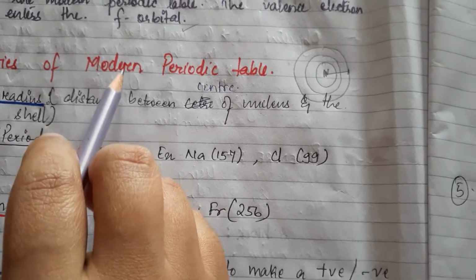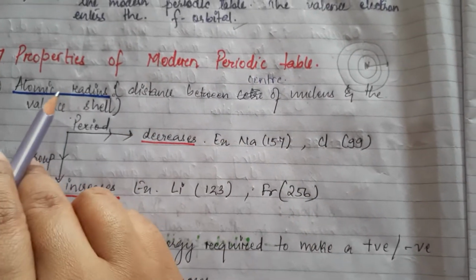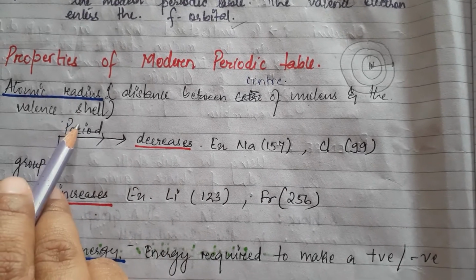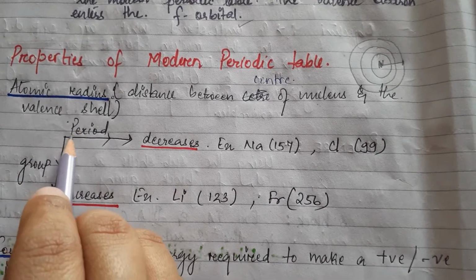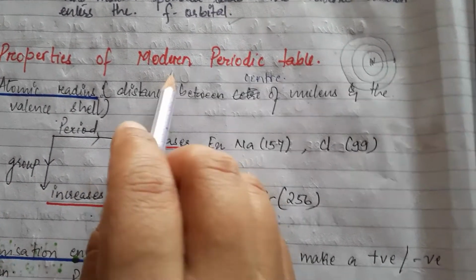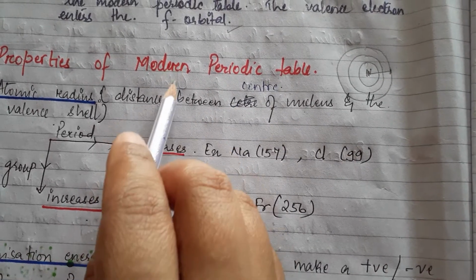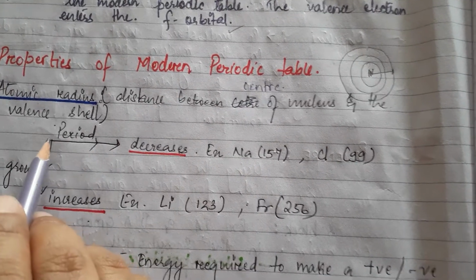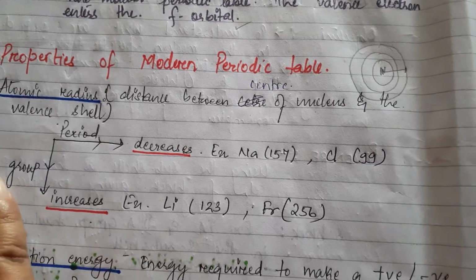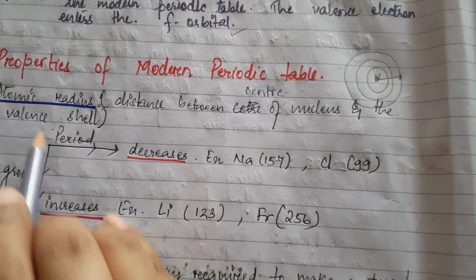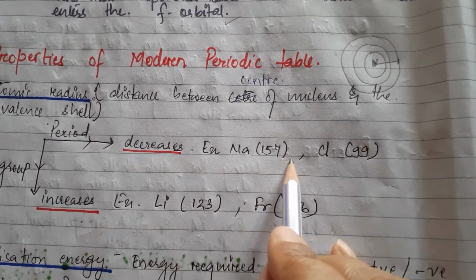Now what happens in the modern periodic table? We know that there are 7 periods and 18 groups. When we go in a period, from left to right, our atomic radius decreases.